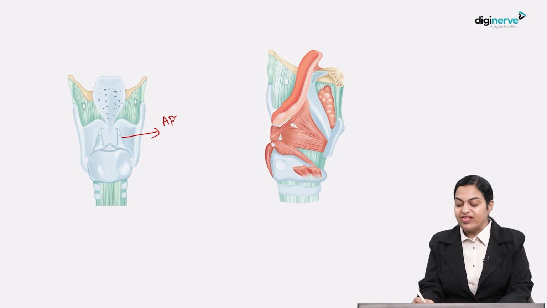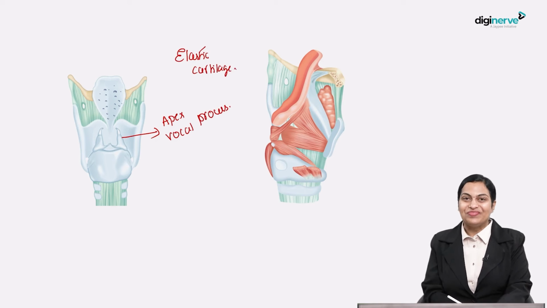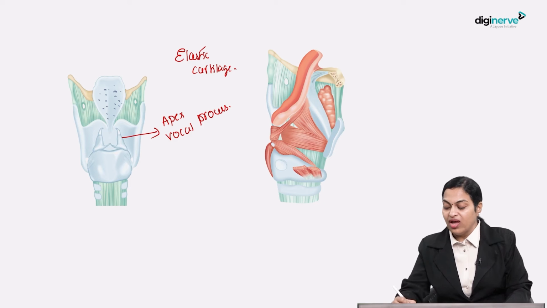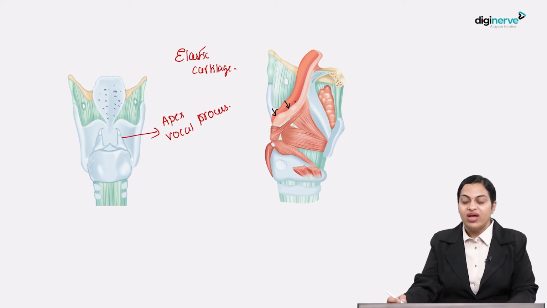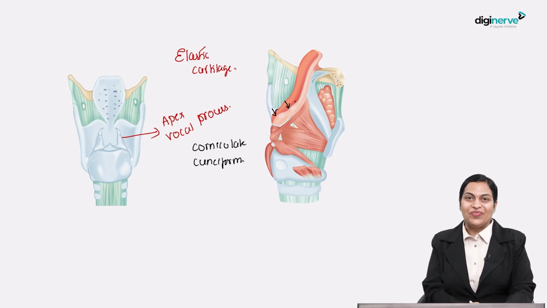The apex and the vocal process of the arytenoid are made up of elastic cartilage. And then the top of the arytenoid articulates with 2 small cartilages found within the aryepiglottic fold. What are they? The corniculate and cuneiform. They are also made up of elastic cartilage, right?